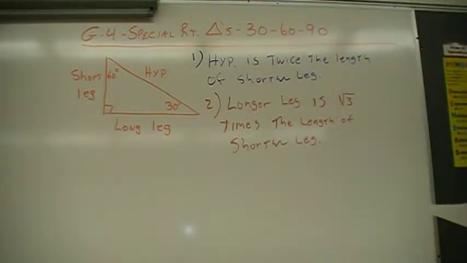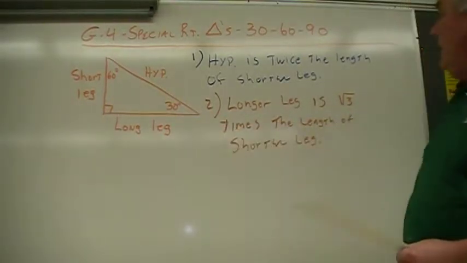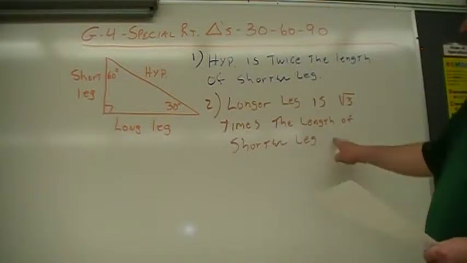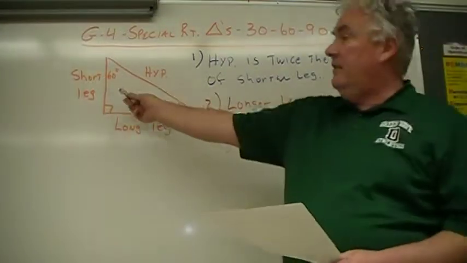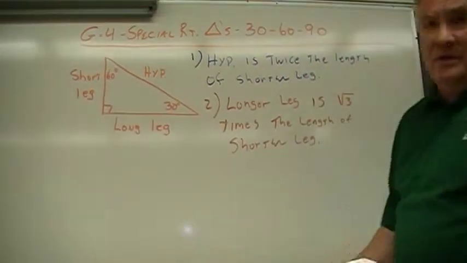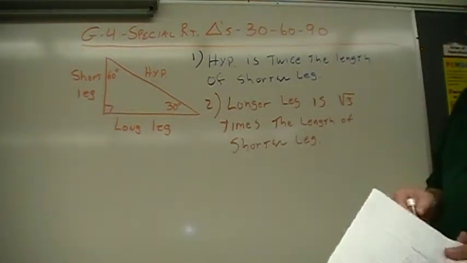Okay, so the longer leg is square root of 3 times the length of the shorter leg. So take the length of the shorter leg, multiply it by the square root of 3. You'll see how we do that.